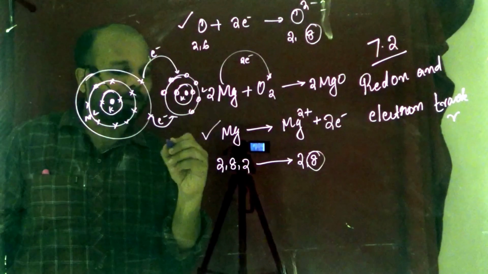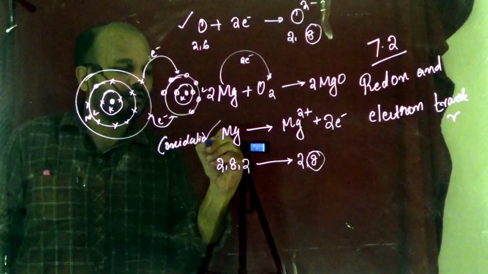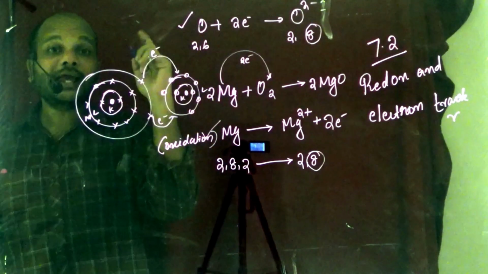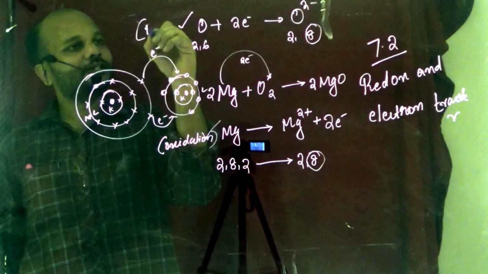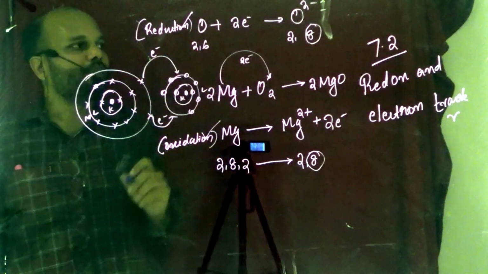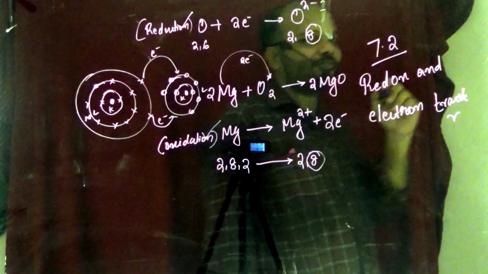Loss of electrons is oxidation. Oxygen gained 2 electrons, so this is gaining of electrons. This is reduction.